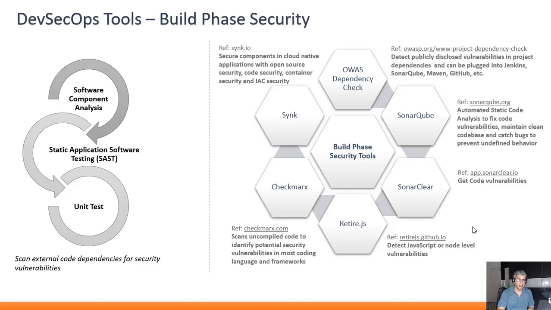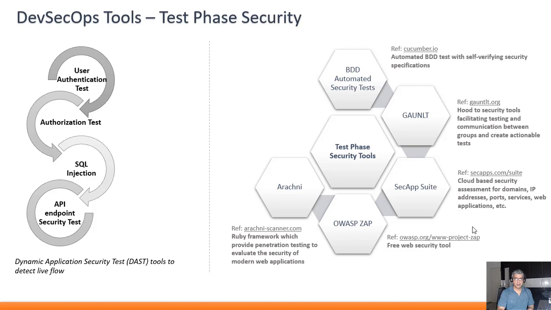The test phase security is again very important to follow, like the user authentication test, authorization test. Look for SQL injection, API endpoint security test, penetration testing, and everything you are doing.